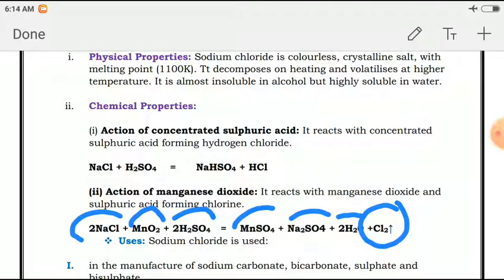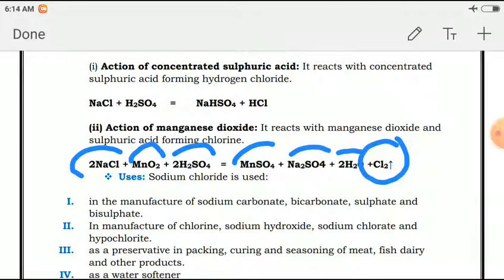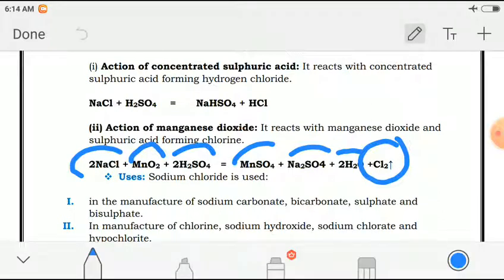Now we will see the uses of sodium chloride. In that case, first use will be the manufacture of sodium carbonate, bicarbonate, sulfate and bisulfate.